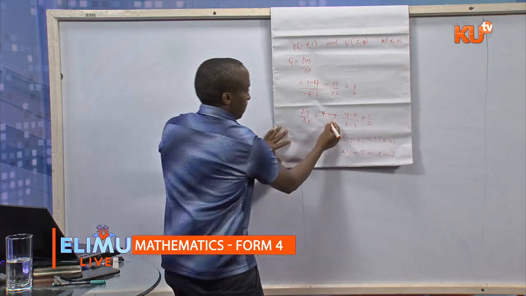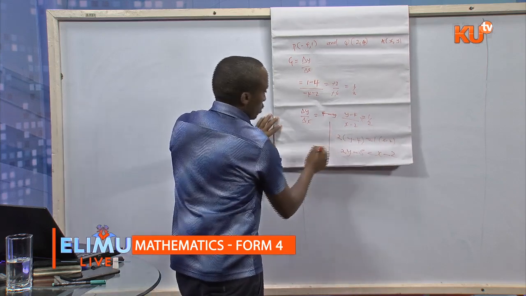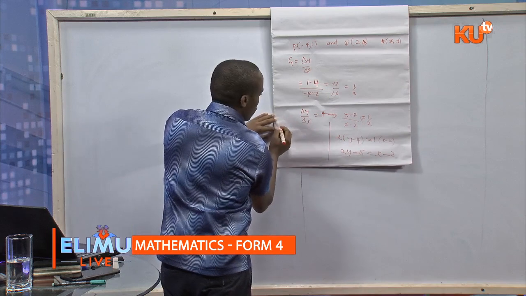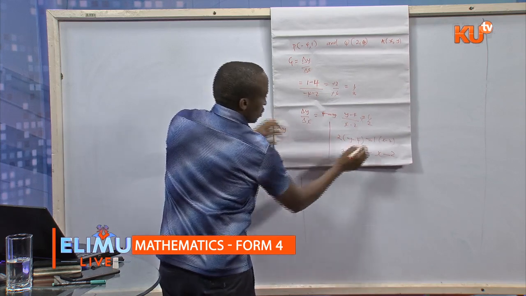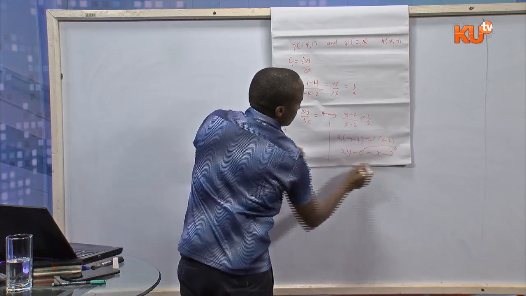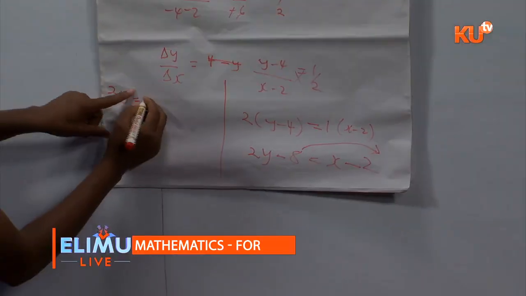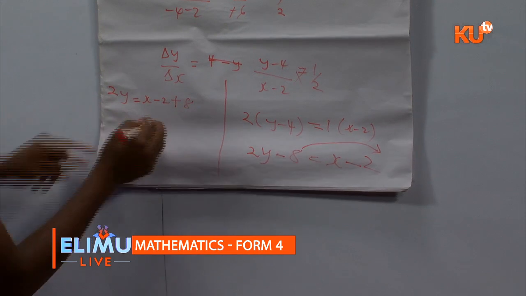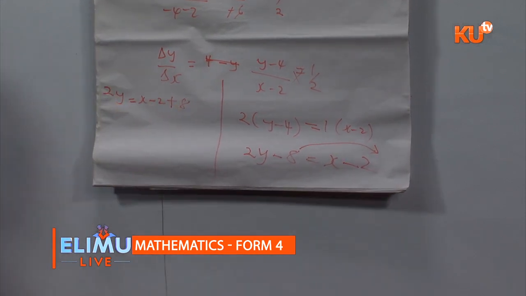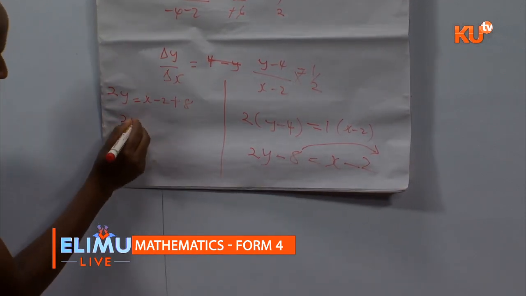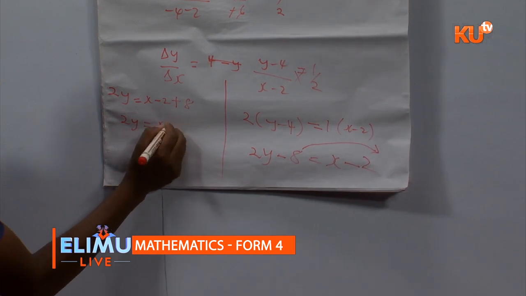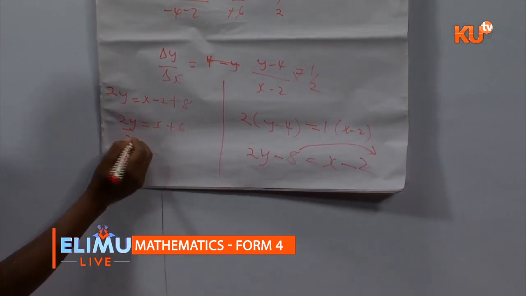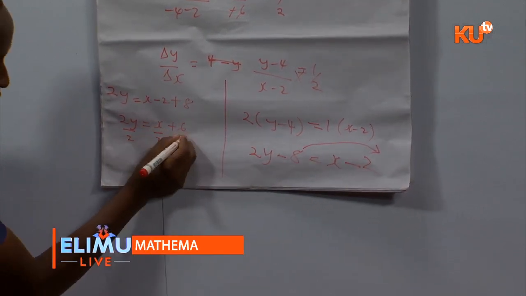To make y the subject of the formula, it will be 2y. You take the 8 to the other side. 2y is equal to x minus 2 plus 8. Minus 2 plus 8 is 6. 2y is equal to x plus 6. You divide both sides by 2.